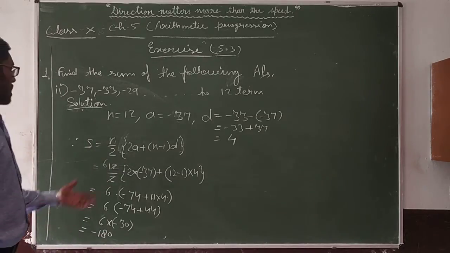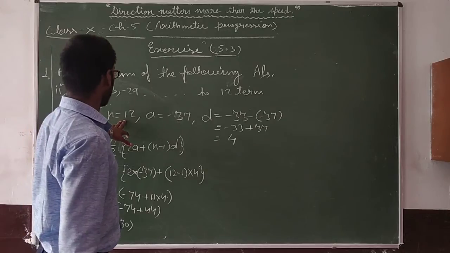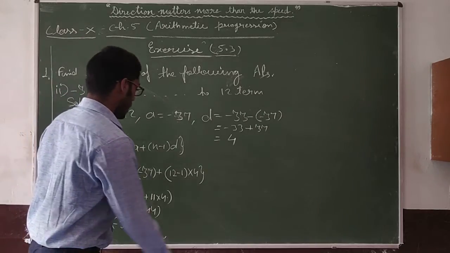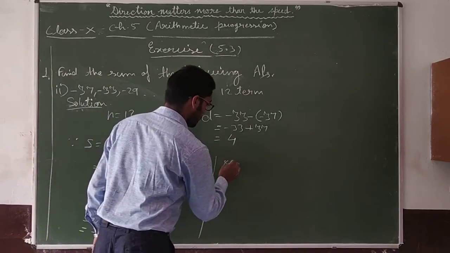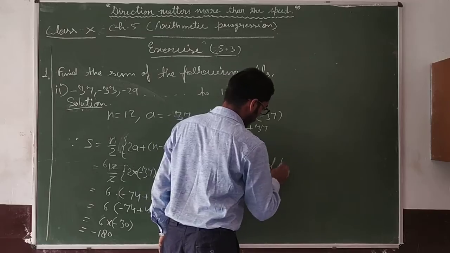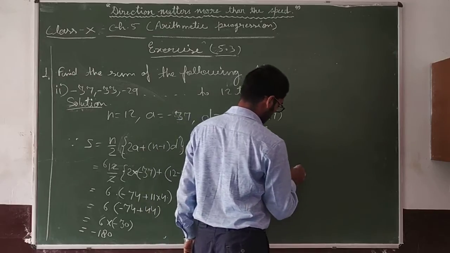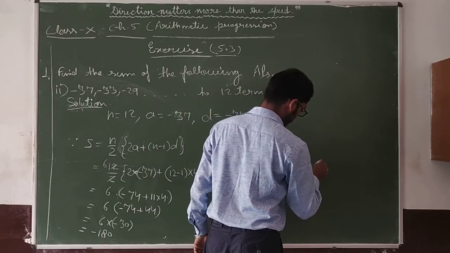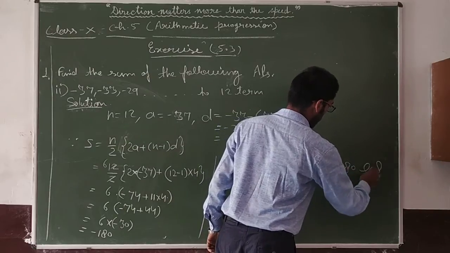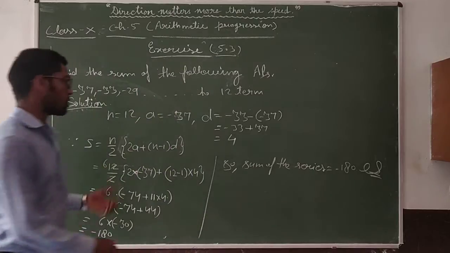So the sum of the series of 12 terms is minus 180. That is your answer. Let us solve the next question.